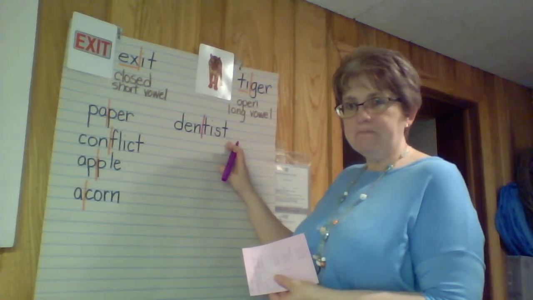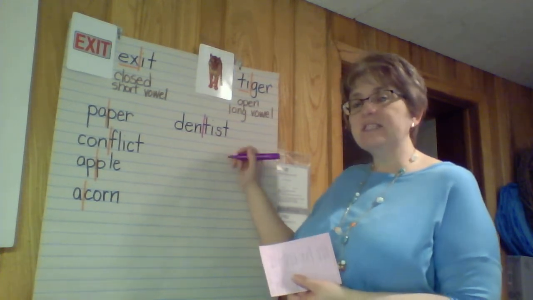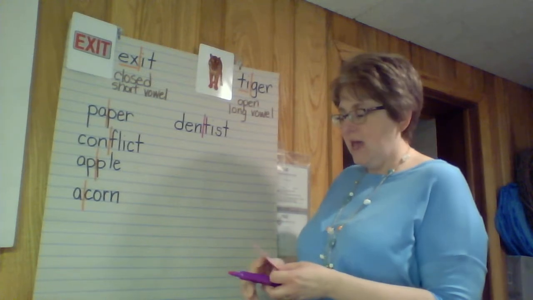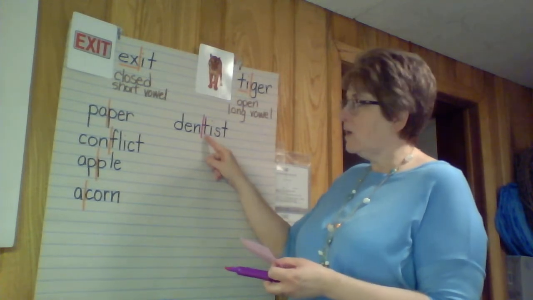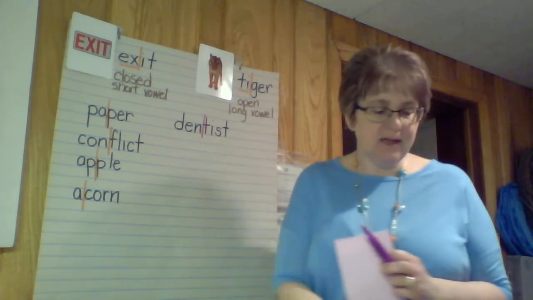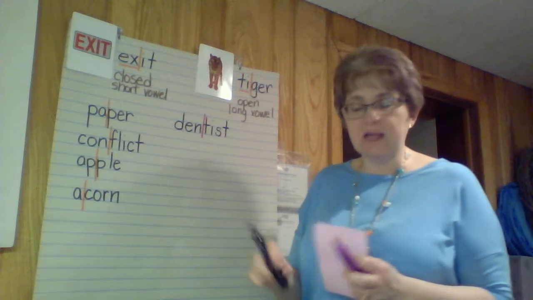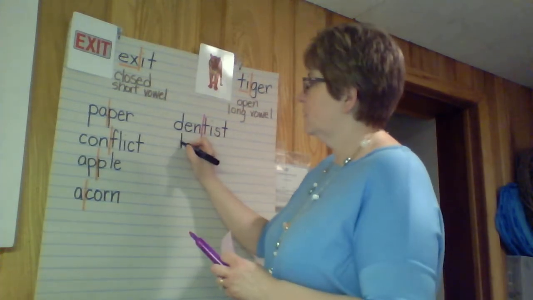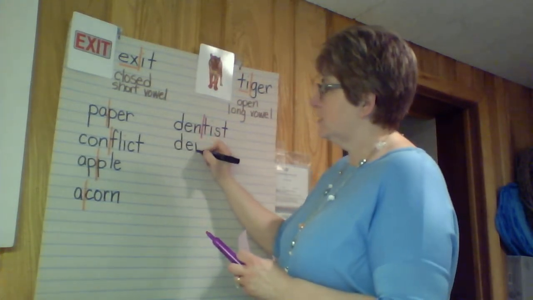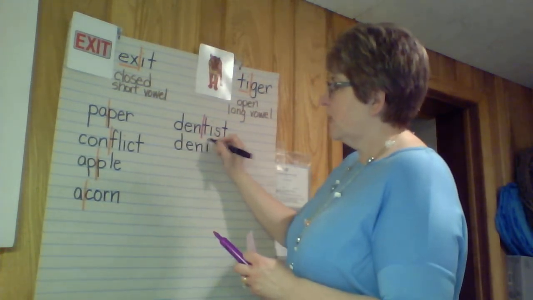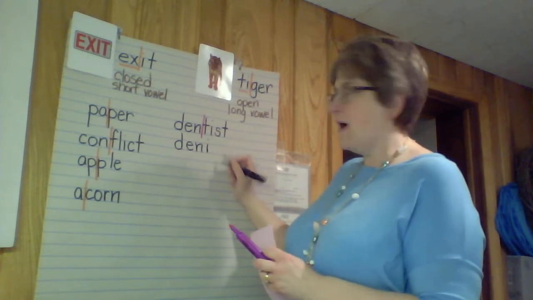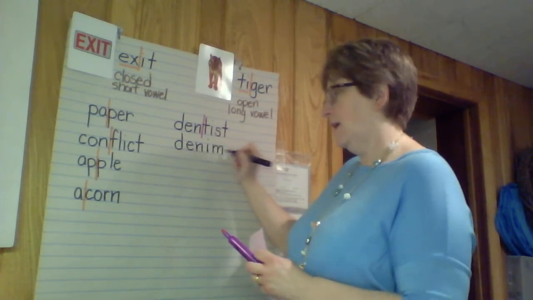Okay? All right. Now let's take the word dentist and we're going to get rid of the T-I-S-T. So take away those letters. We're going to keep this first part. And I'd like you to add an I and M.